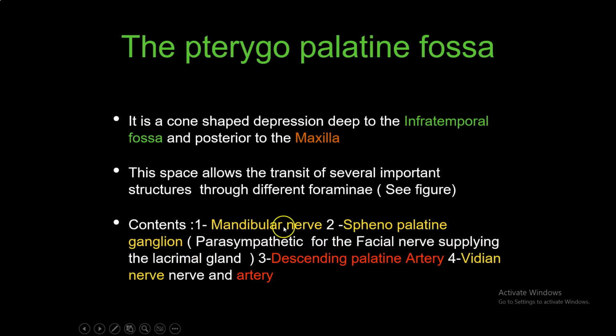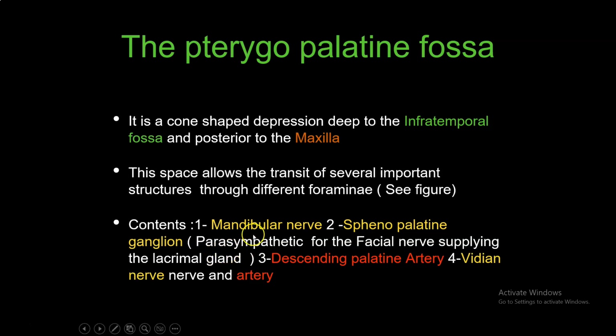So as we'll see, the greater superficial petrosal nerve, branch of the facial nerve, passes in the pterygoid canal and relays in the sphenopalatine ganglion, and the postganglionic fibers pass to supply the lacrimal gland.